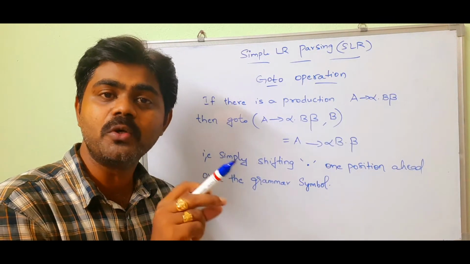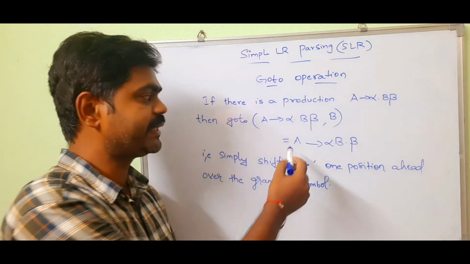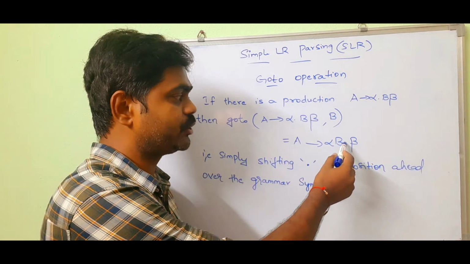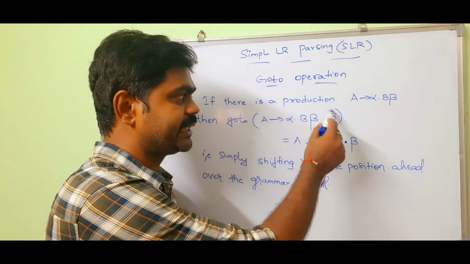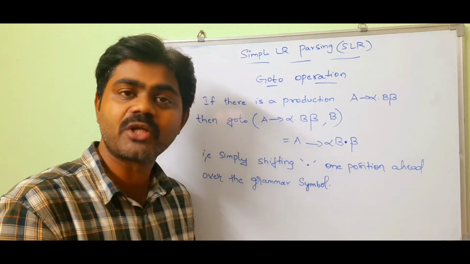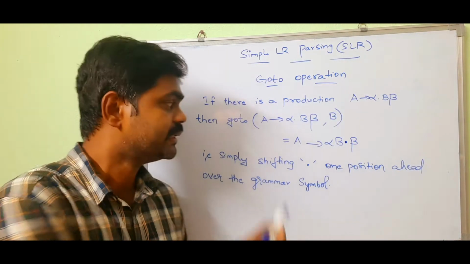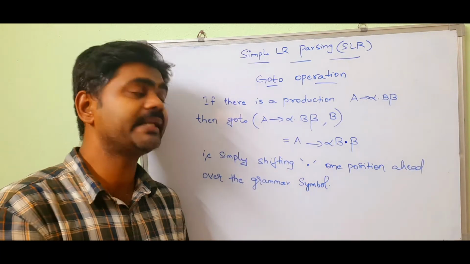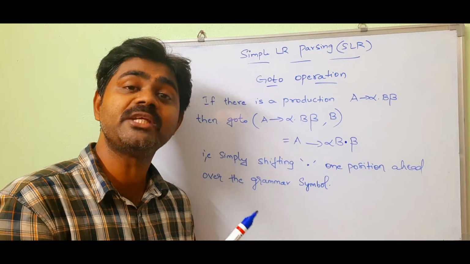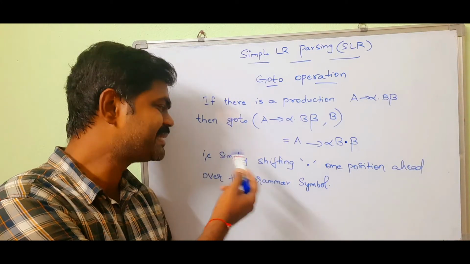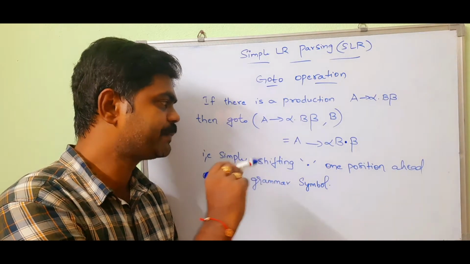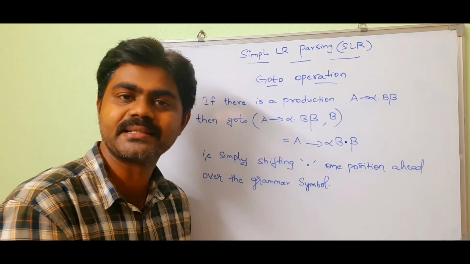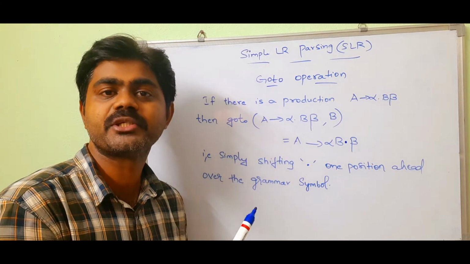The dot moves after B. So what we get is A tends to alpha B dot beta. So goto of A tends to alpha dot B beta comma B equals A tends to alpha B dot beta, simply shifting the dot one position ahead over the grammar symbol. That's it. This is what the goto operation is.